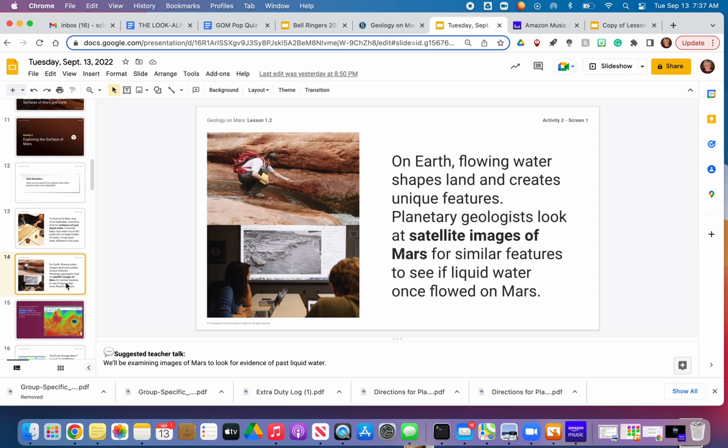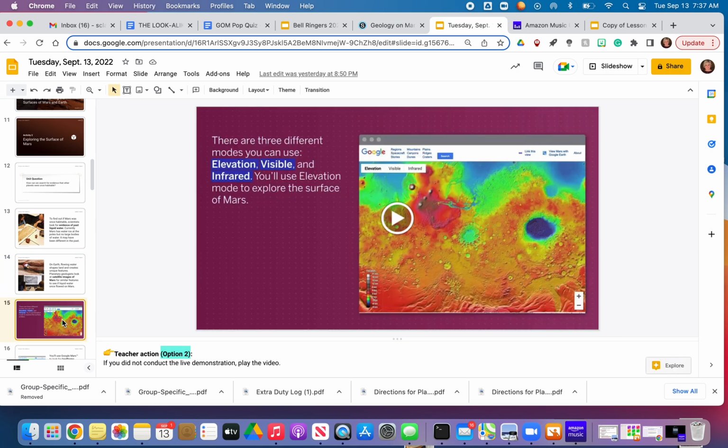Later on, we're going to see that. But we can see that flowing water shapes the land and it creates unique features. So planetary geologists also look at satellite images of Mars for similar features to see if liquid water once flowed on Mars. So we're going to do that a little bit.